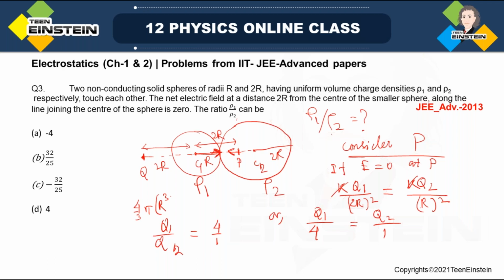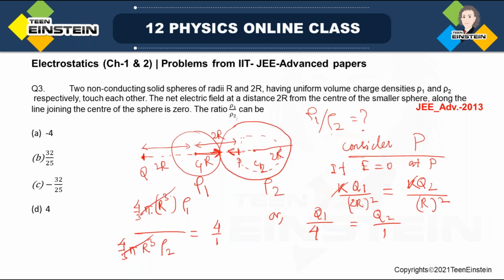In case of Q2, since it is an inner point, here also we write r only, not 2r: 4 by 3 pi r cube into rho 2.